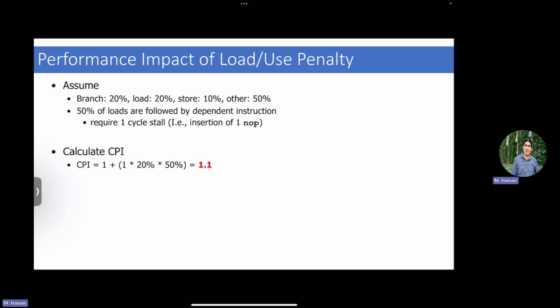Okay, so how can we reduce the frequency? There are multiple techniques. Here I'm inserting this load dependency, but one possibility is that the compiler can try to schedule instructions, and this is also a very common technique. If the compiler detects a dependency, it can hide it.